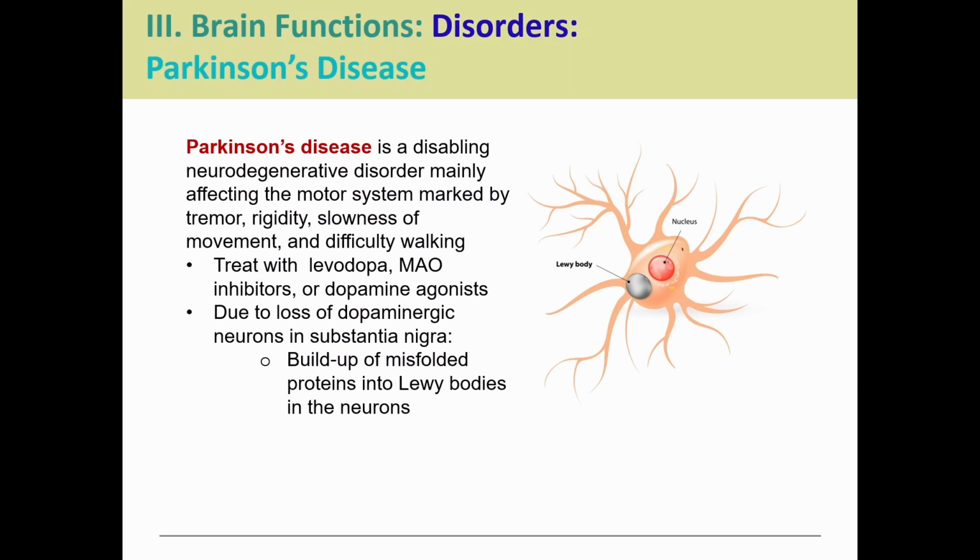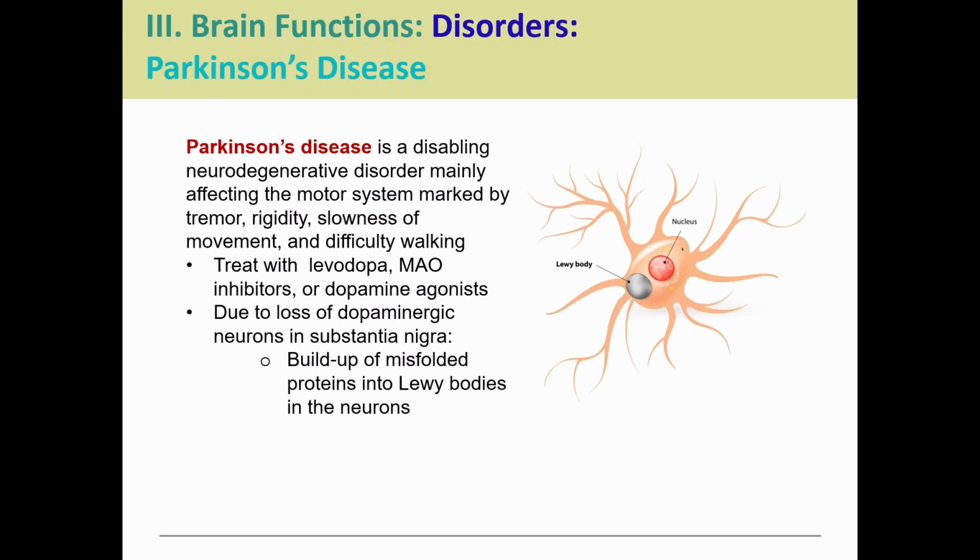Parkinson's is another neurodegenerative disorder. This is going to affect the motor system. So someone with Parkinson's may have trouble with rigidity or tremors. They may have trouble with moving, right? So they may move slower or have difficulty with moving, like walking. There are a lot of different medications. This is because of the dopaminergic neurons being lost.